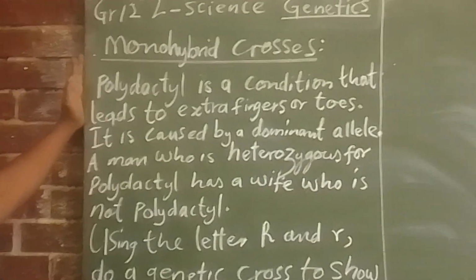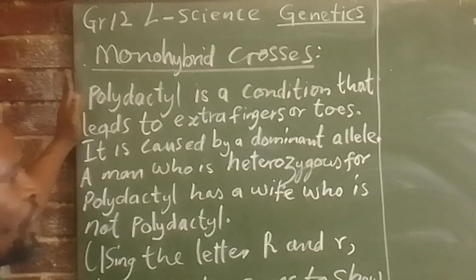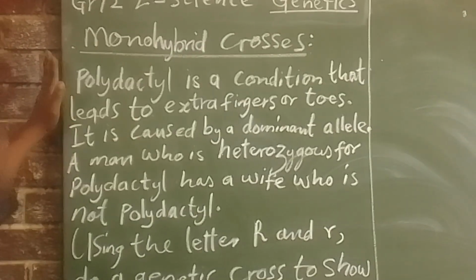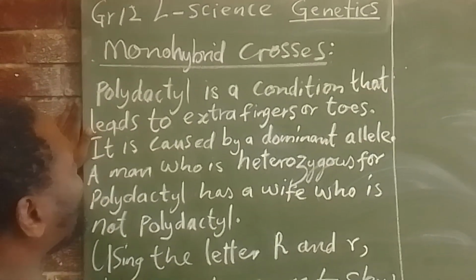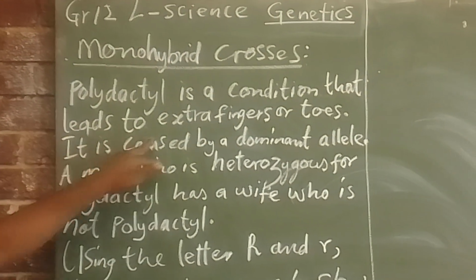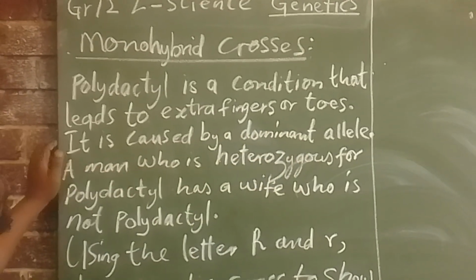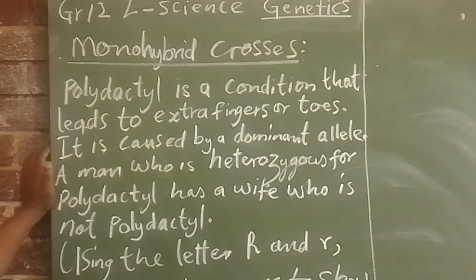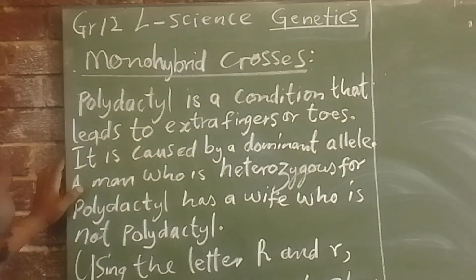Here is the statement and the condition that we have for the first one. Polydactyly is a condition that leads to extra fingers or toes. It is caused by a dominant allele.